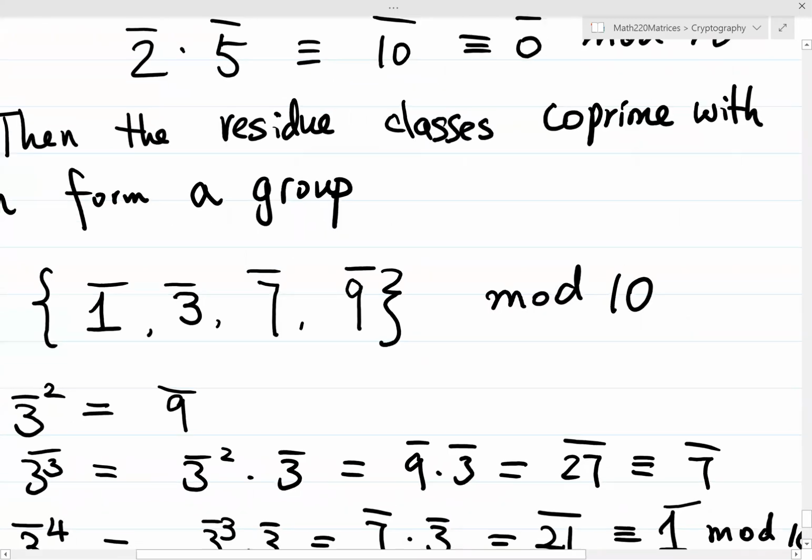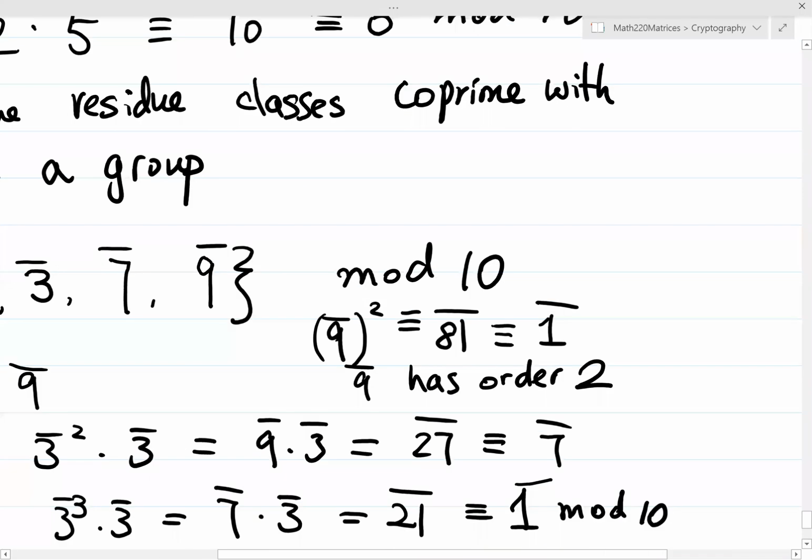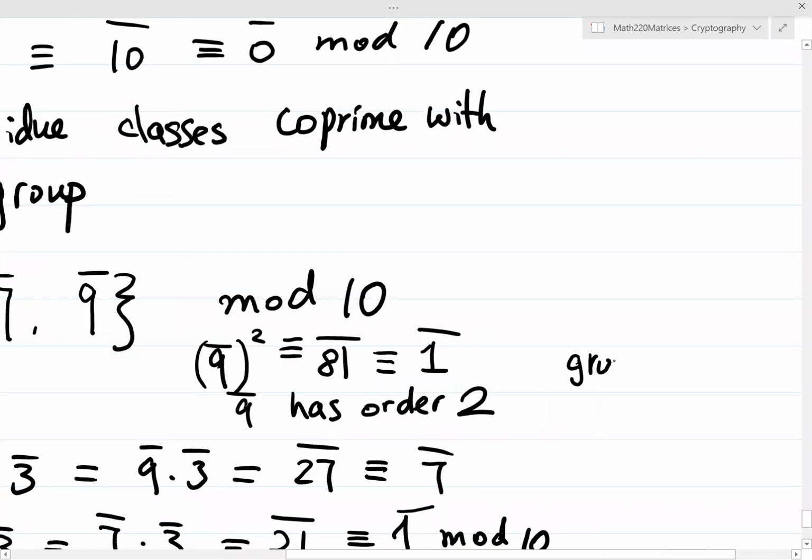What is the order of 9? 9 squared is 81, and 81 mod 10 is 1. So 9 bar has order 2. The group order is 4.